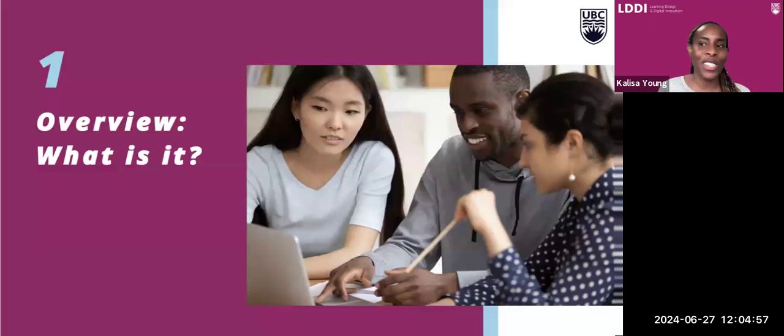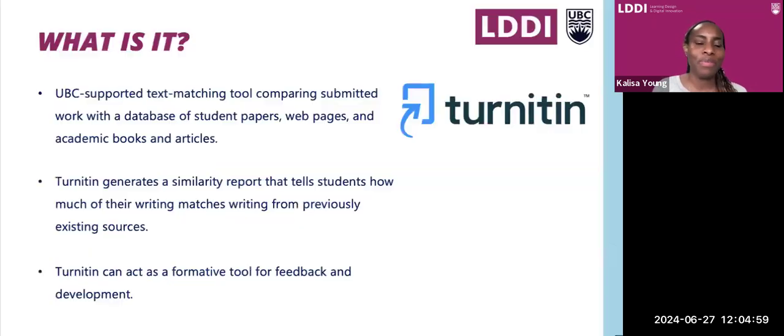So what is Turnitin? Well, Turnitin is a UBC-supported text matching tool that compares submitted work with a database of more than 337 million other student papers, web pages, and academic books and articles.